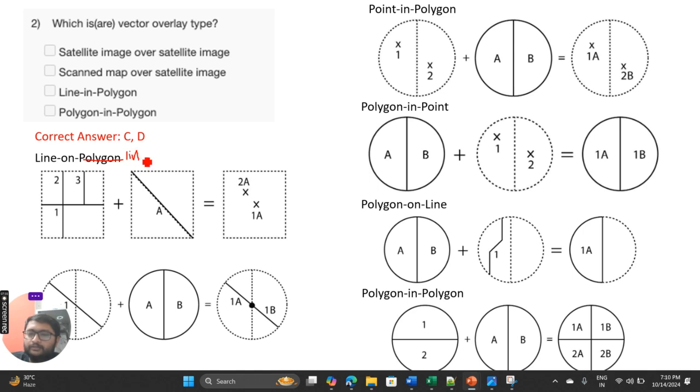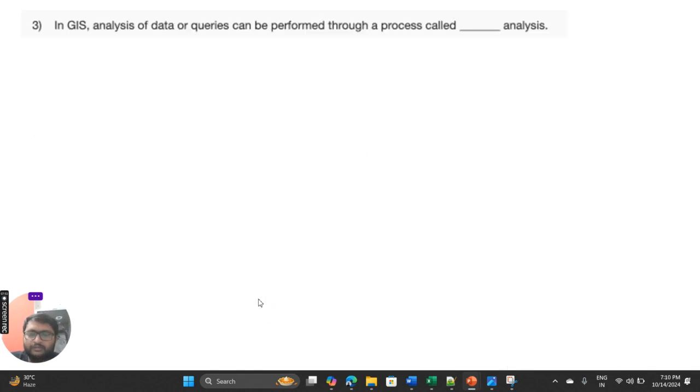This operation is on line because we have two line datasets intersecting. Then we have line in polygon. One line is there and it is falling inside the polygon, so we'll get the integration, a common point between these two. So these are the different overlay operations which are there in GIS.